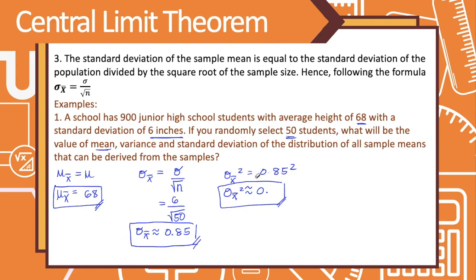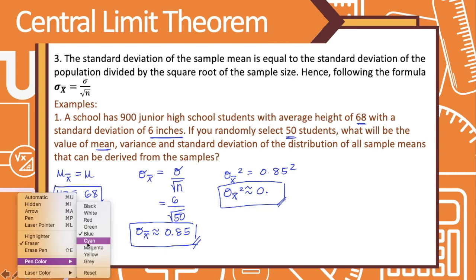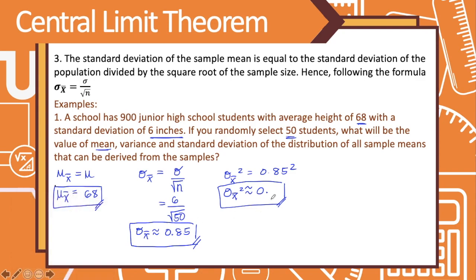Again, the square of 0.85 is 0.72. Okay. So that is the mean, variance, and standard deviation of the sample means.